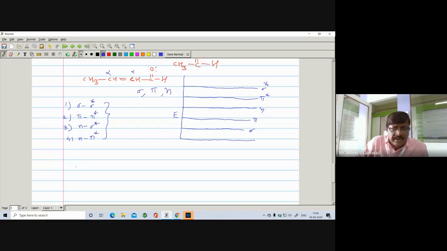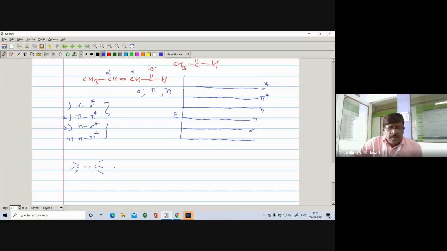For example, suppose you take an alkane. It has a sigma bond, or you can take any compound which contains a sigma bond. One sigma bond means there are two electrons, here is one electron and this is the second electron. So what happens in the sigma to sigma star transition?